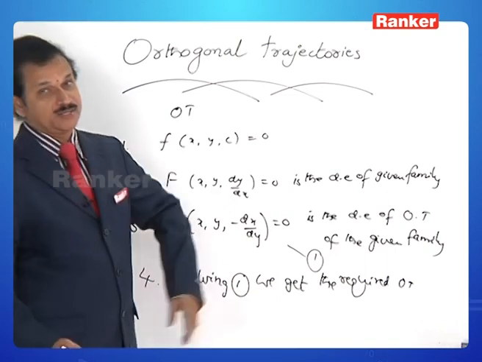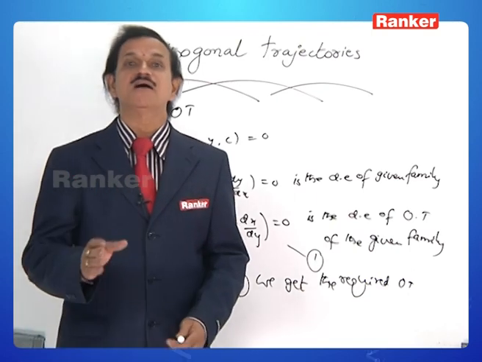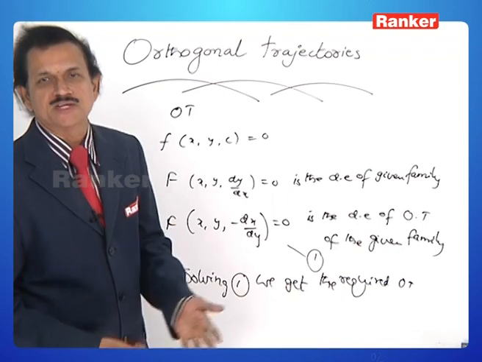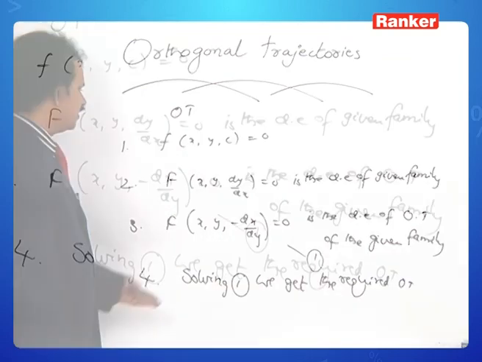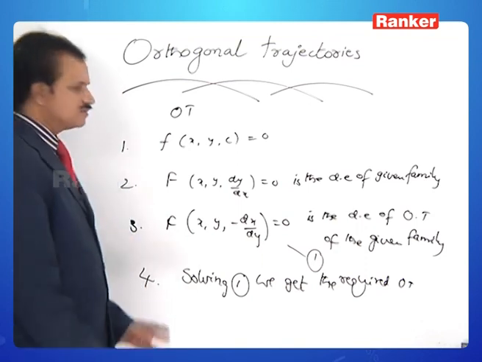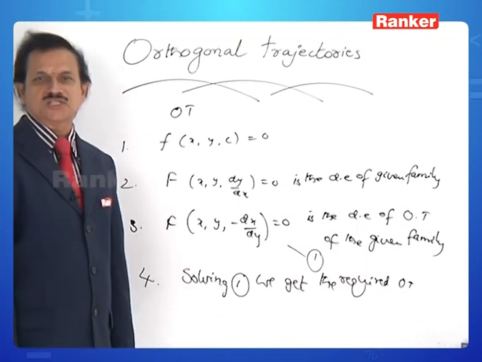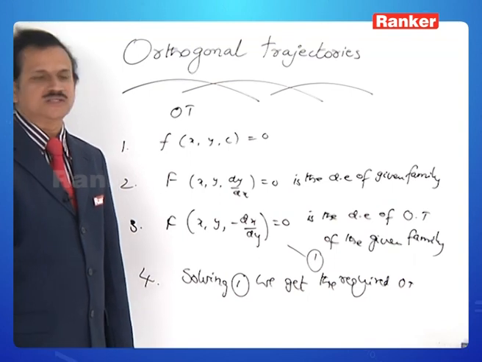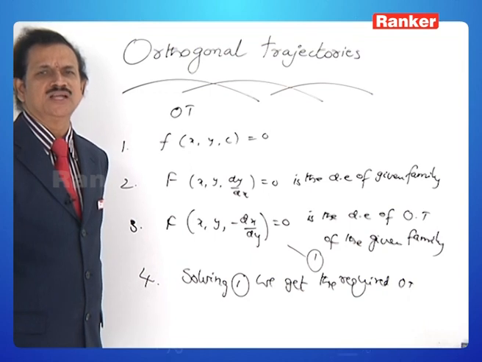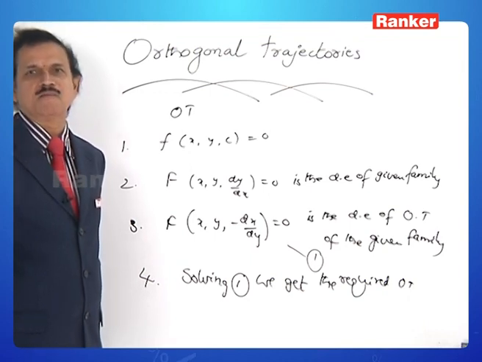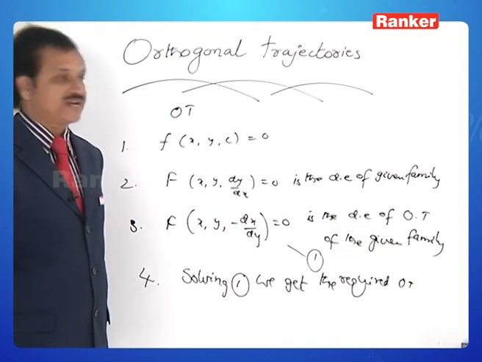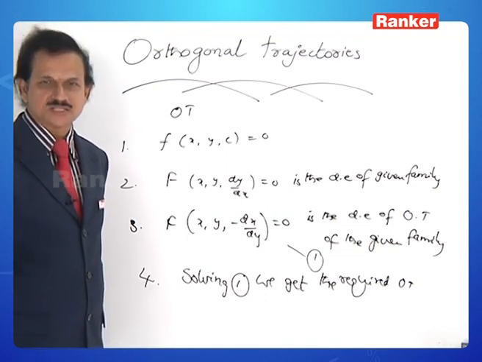Thereby, we will be getting the differential equation of the OT, that is, orthogonal trajectory of the given family. Of course, by solving which, we have the required orthogonal trajectory. This is the process of getting the OT. And it will be made clear if we go through some examples or some special problems which were asked in previous question papers. We shall now do that.